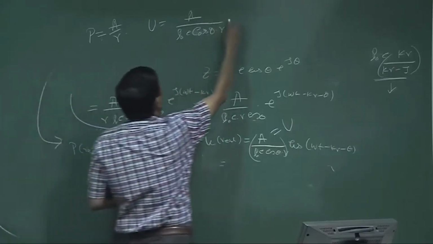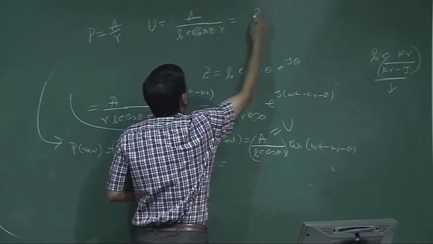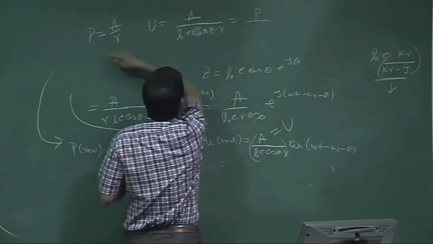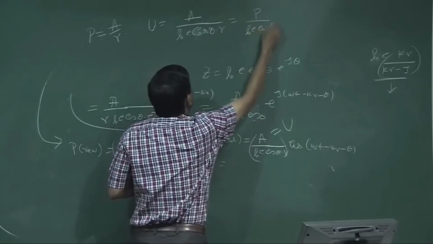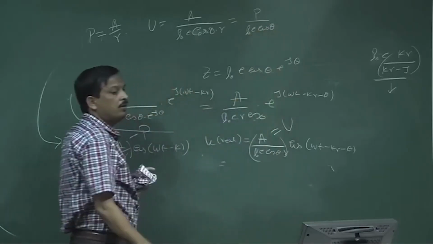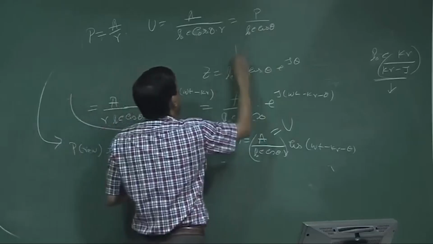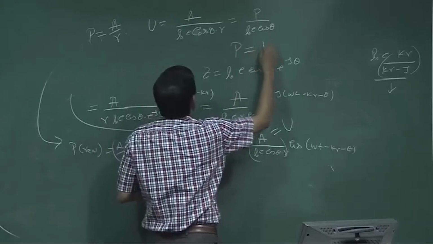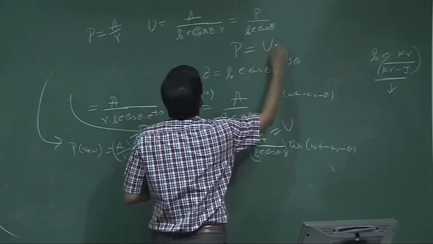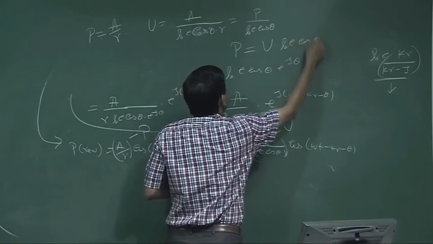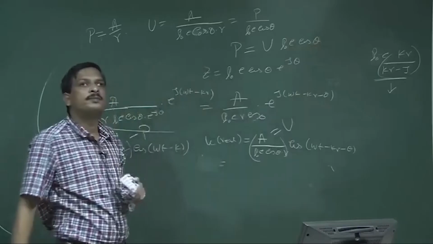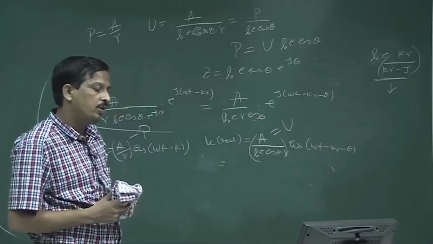So, A by r is nothing but capital P, which equals capital U by... so I can write capital P is nothing but capital U into rho 0 c cos theta.